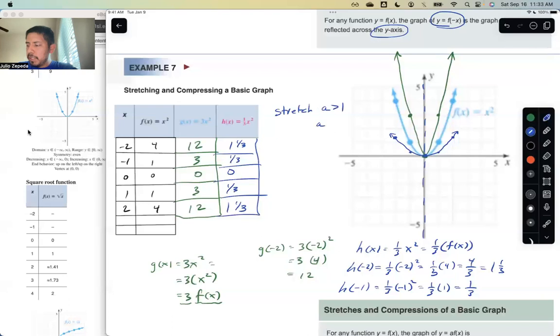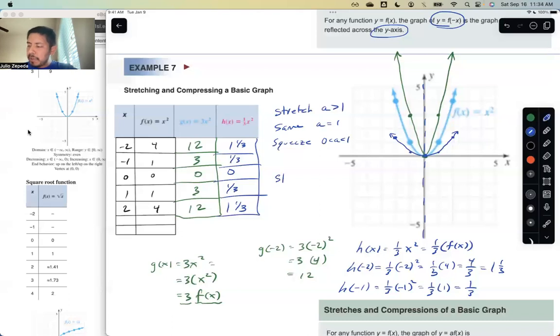If a is equal to 1, it just stays the same, because multiplying x squared by 1 is just going to stay x squared. And then squeezing or compressing it will be the values between 0 and 1, like 1/2. It will cut it down to half its size, or a third, or any fraction or any number between 0 and 1. Now, of course, we can also look at negative numbers.